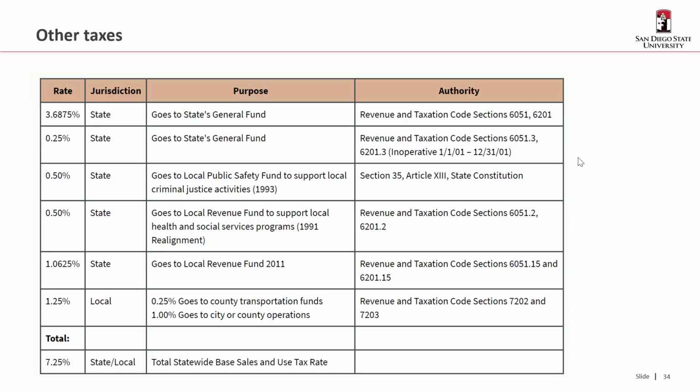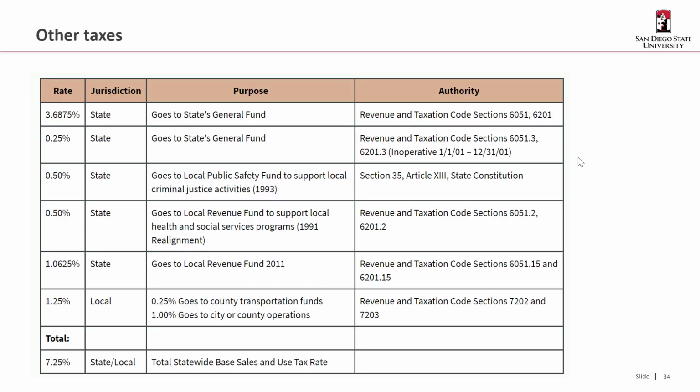There's another 1.06% that goes to the local funds. And then there's 1.25%, of which 0.25% goes to county transportation, and then another percent goes to city or county operations. So that's the 7.25 of state and local taxes. So you can see that the vast majority of it goes to the state, but 1.25% goes to the local community in which you're paying that sales tax.